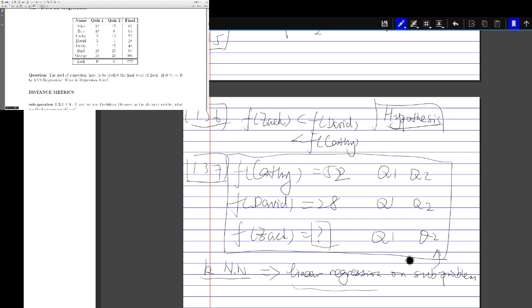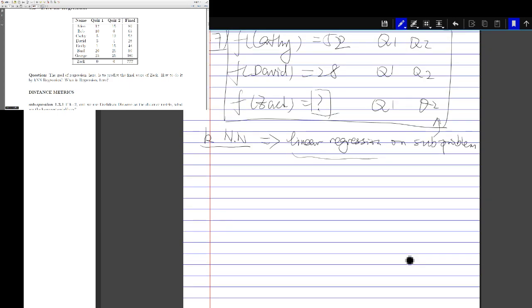Okay, so that's it. This kind of idea of combining models at different levels. Say you start with a kNN model to deal with a big data set, so as to filter out some smaller data set. Excuse my handwriting.